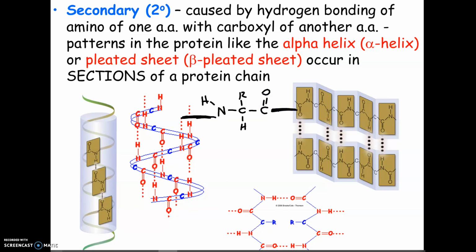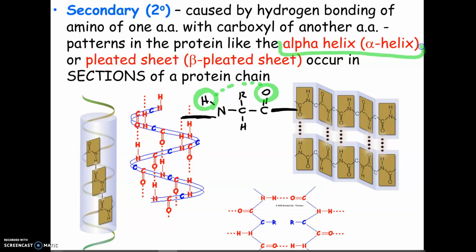But this hydrogen in the amino group is polar. It's very interested in making hydrogen bonds with oxygen. And this oxygen is also polar. It's interested in making hydrogen bonds too. Now, it can't make a hydrogen bond here because these are too close to one another. But what does happen is amino groups and carboxyl groups further down the chain react with each other. And there's 2 specific shapes that we get.